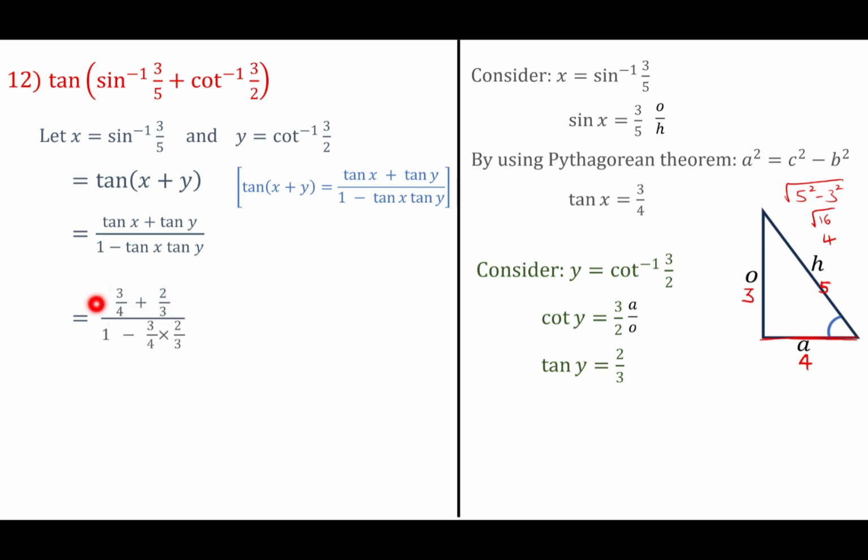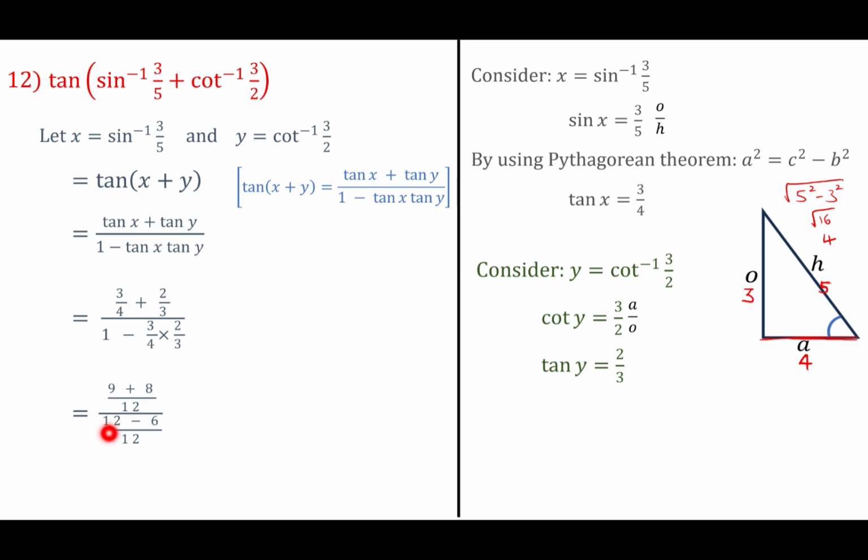In the numerator, I took 12 as the LCM. I wrote 12. And 12 divided by 3 is 4... sorry, 12 divided by 4 is 3. And 3 times 3 is 9. And positive sign as it is. 12 divided by 3 is 4. 4 times 2 is 8. In the same way, in the denominator part, I took 12 as the LCM.